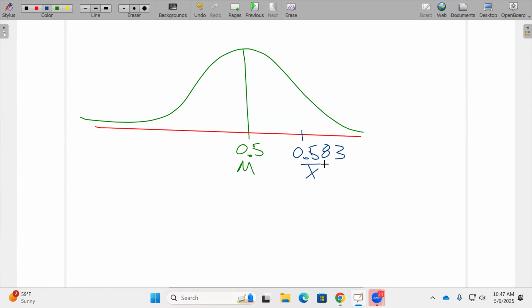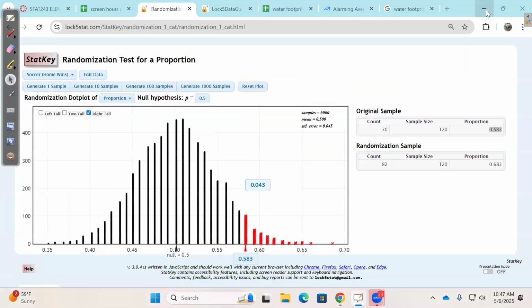That's my X bar. And based on that, STAT243 said that this group of samples to the right there, that's the p-value. STAT243 put it at 0.043.